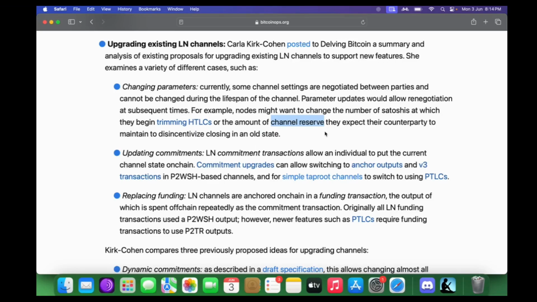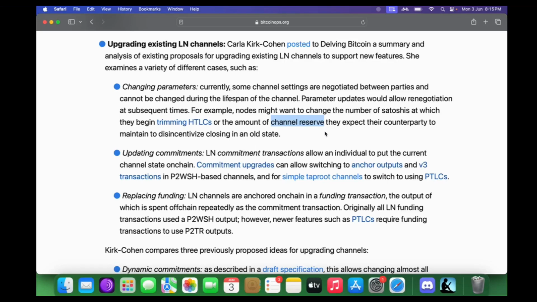So channel reserve is the balance that each channel partner in the Lightning channel has to maintain to disincentivize the other channel partner to cheat when the balance is really low on their end. So when Alice and Bob have a Lightning channel and Alice has exhausted her side of the balance to make payments to Bob, towards the end, Bob is incentivized to cheat her because the penalty that Bob might lose if he cheats is very low, because Bob already has received a lot of funds.